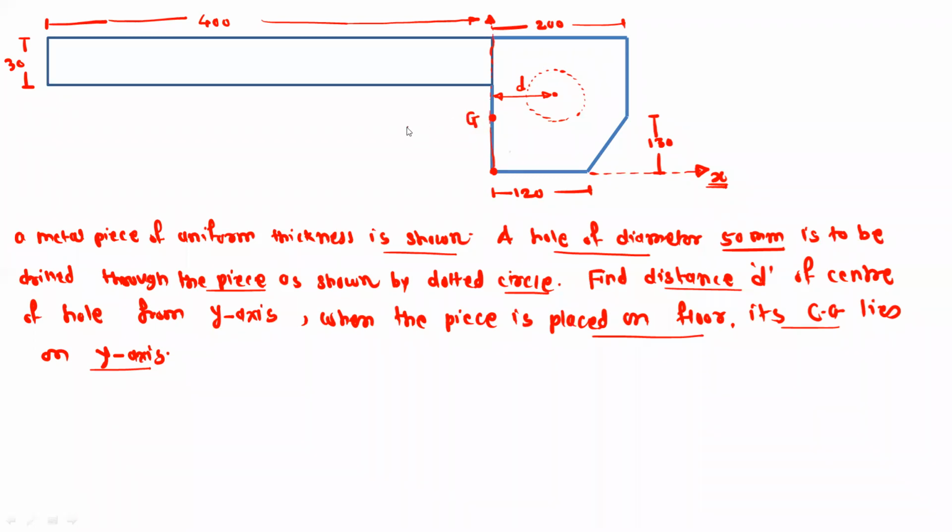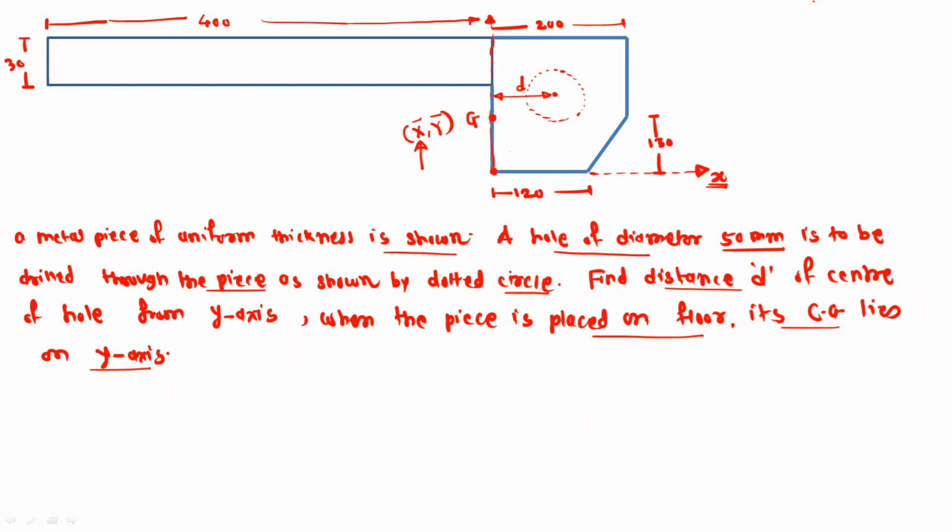So this G, its coordinate will be x bar and y bar. We don't know what the value of y bar is, but as the centroid lies on the y-axis, we know the value of x bar. Okay. So what is the value of x bar if the centroid or the center of gravity lies exactly on the y-axis?